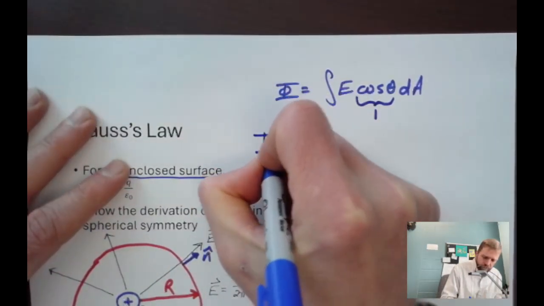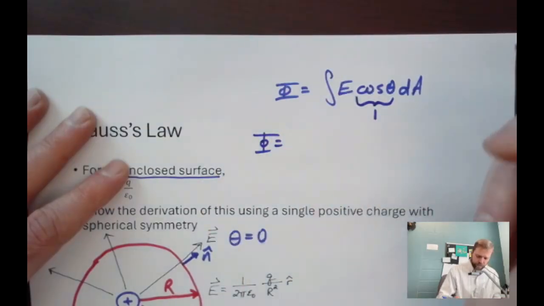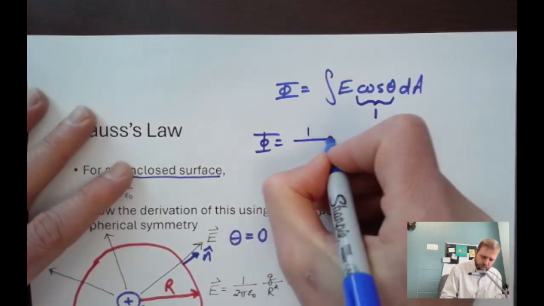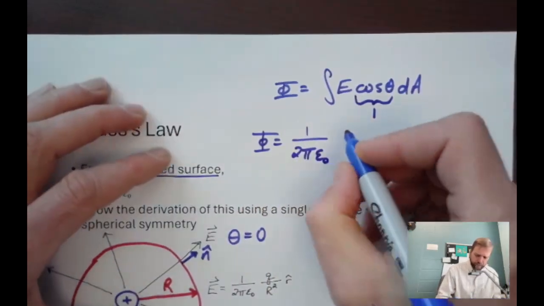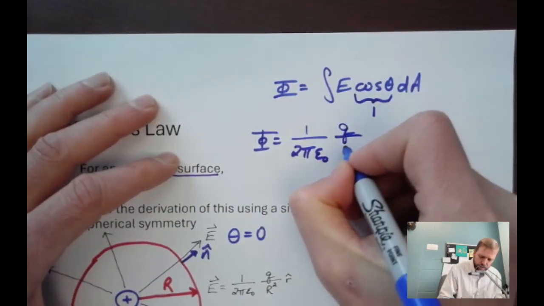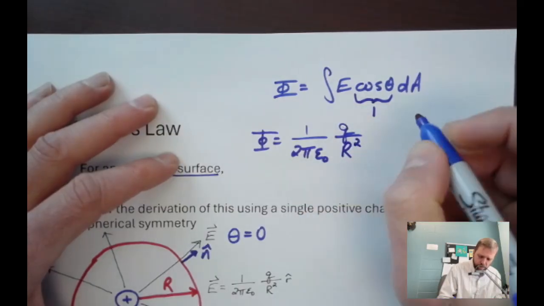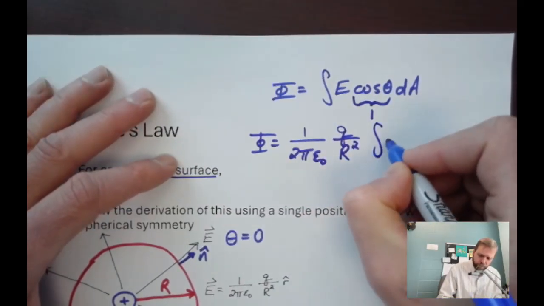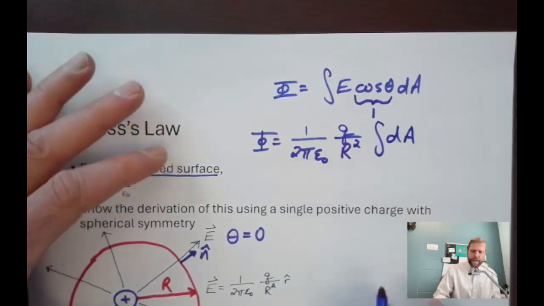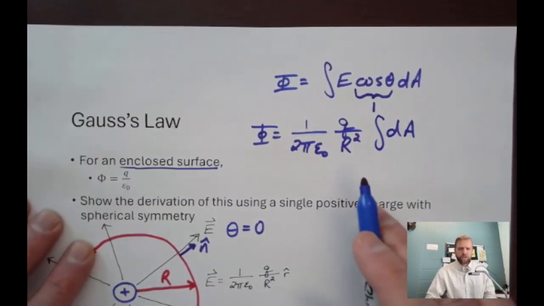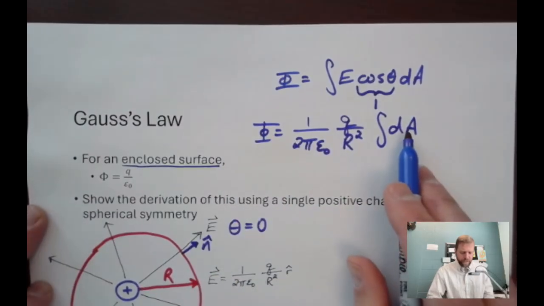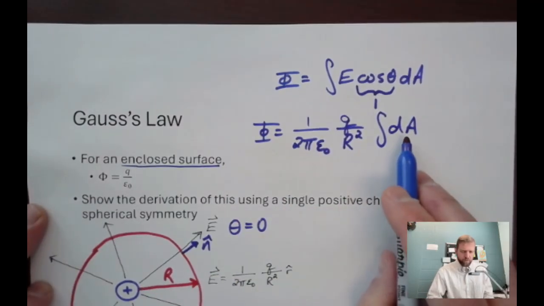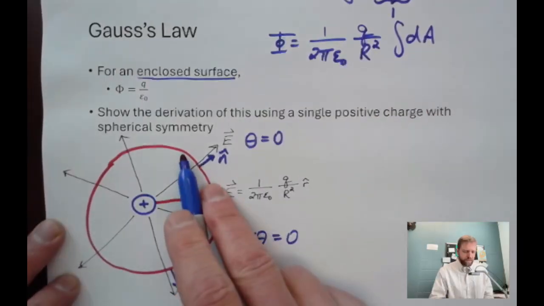So we shove in what the electric field value is, which is 1 over 2 pi epsilon naught Q over R squared, times the integral of dA. So this is the integral that we need to solve, and the area that we're solving for is the area of this sphere.